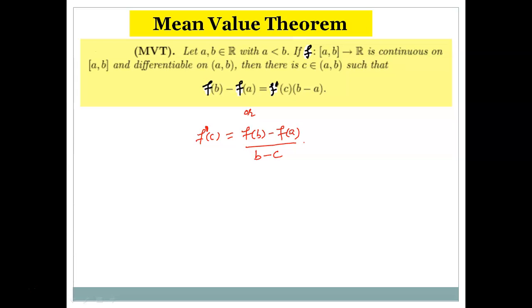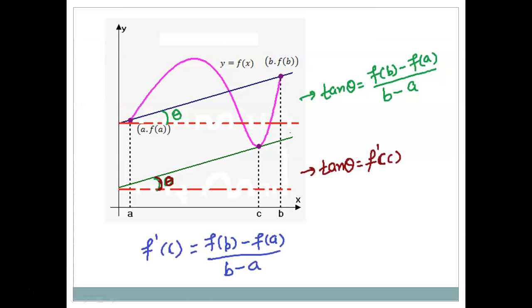So geometrically we can look at the situation in this manner. Suppose we have the function y equal to f of x, and there are two real numbers a and b, and a is less than b, so a will be on the left hand side.